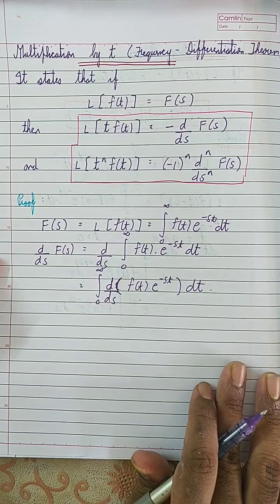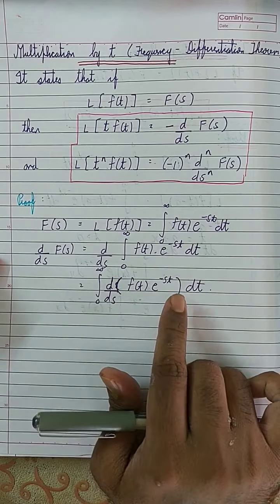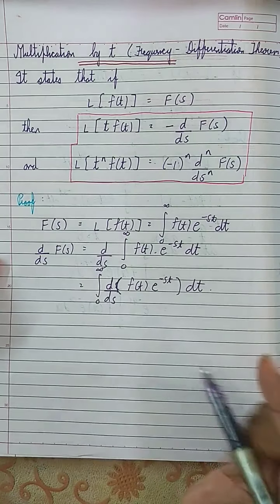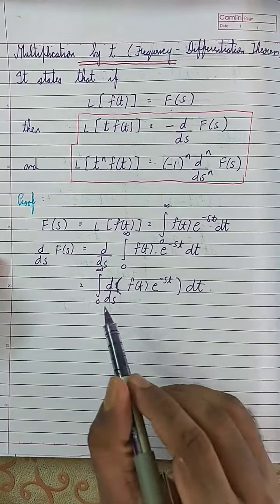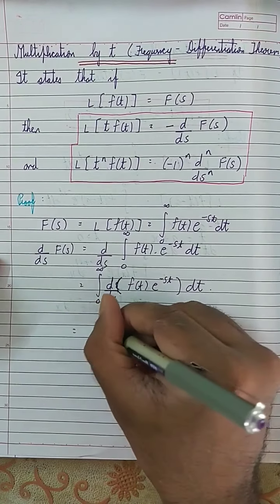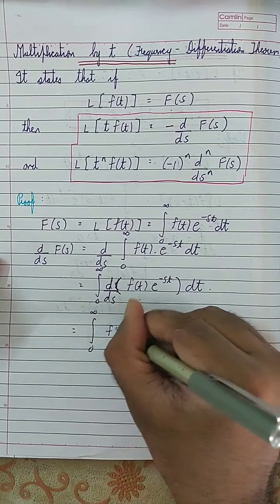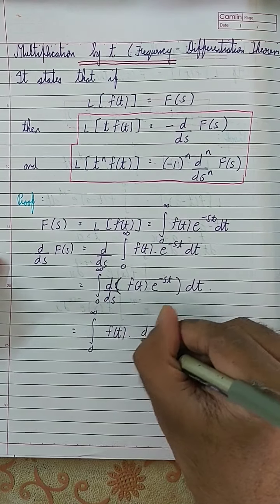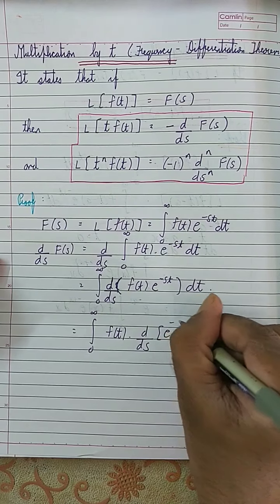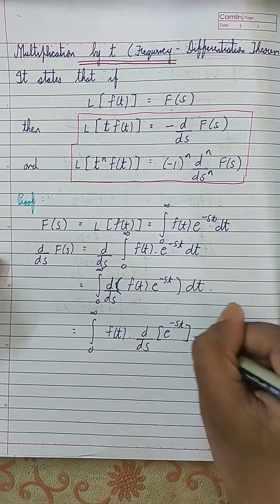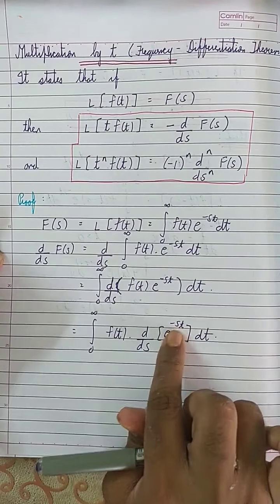But in this entire equation, the only place where there is an s is over here. So this can be written as the integral from 0 to infinity f of t into d by ds of e raised to minus st dt, because this is the only place where there is an s.